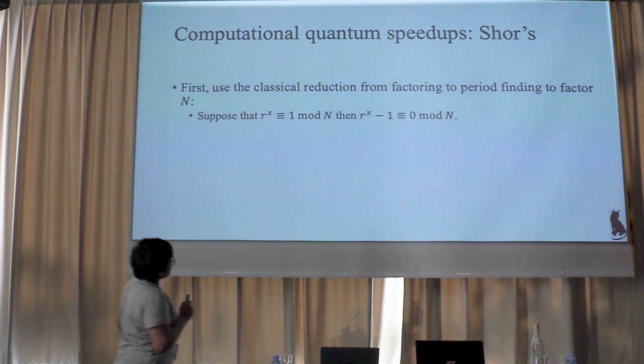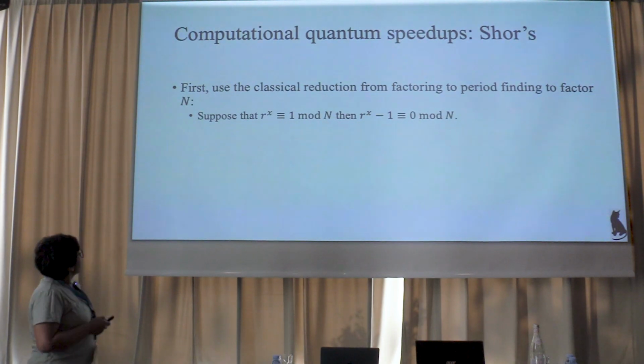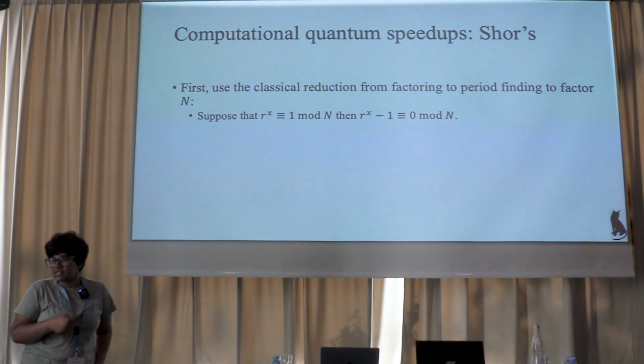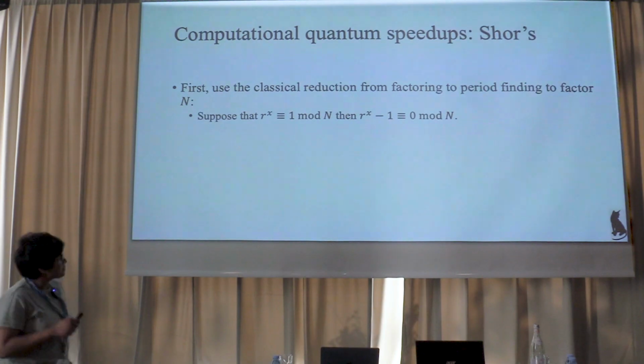Now, I'm promised that n has a factor. Now, suppose that there is some random number r which is less than n. When I raise it to some power x, I get 1. I'm just doing modular arithmetic. Then it would mean that r^x minus 1 will be 0 mod n, right? This is just some little group theory.